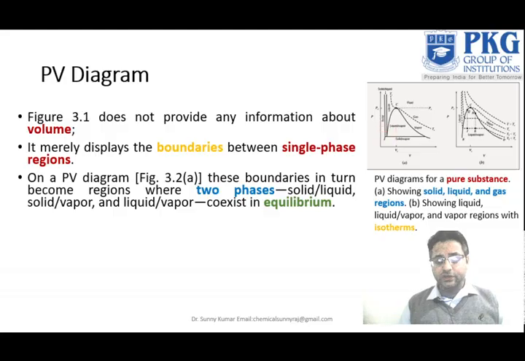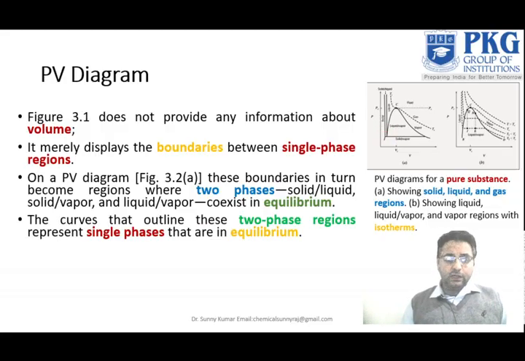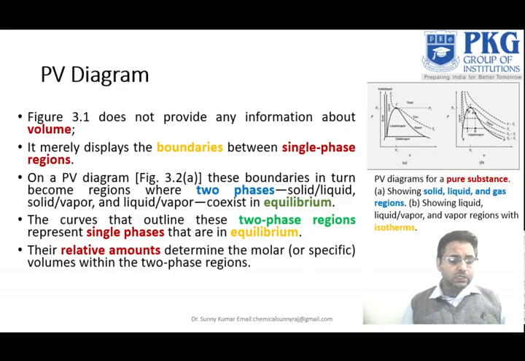If you see here, the curves that outline these two-phase regions represent single phases that are in equilibrium. Their relative amounts determine the molar or specific volumes within the two-phase regions.